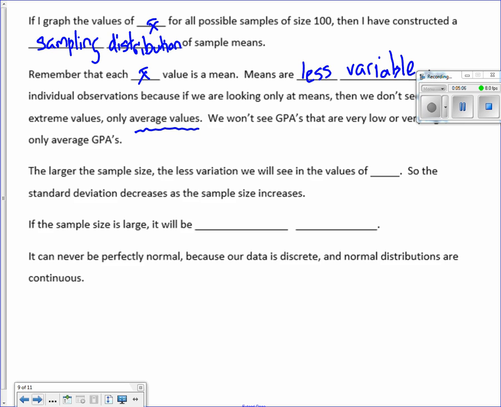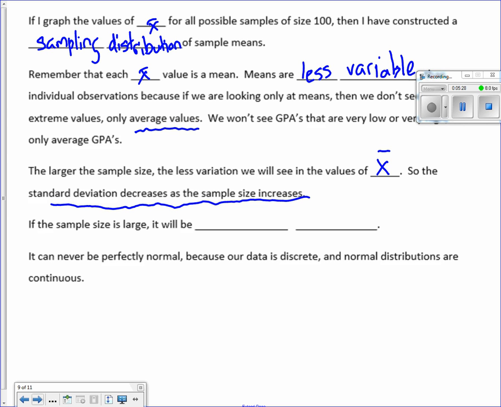The larger the sample size, the less variation we're going to see in the values of x bar. So the standard deviation decreases as the sample size increases. That's a very good concept right there, especially for multiple choice type questions.